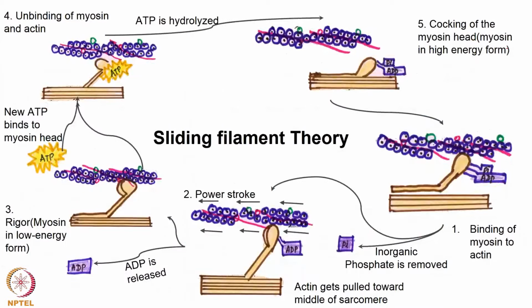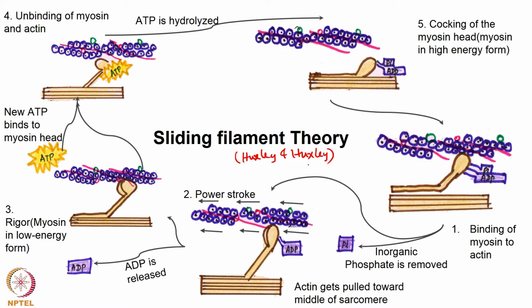So, the thick filament and thin filament are sliding over each other, leading to a hypothesis that it is the sliding of these two filaments that causes production of force. This was proposed by Huxley and Huxley. This is the sliding filament theory due to Huxley and colleagues.